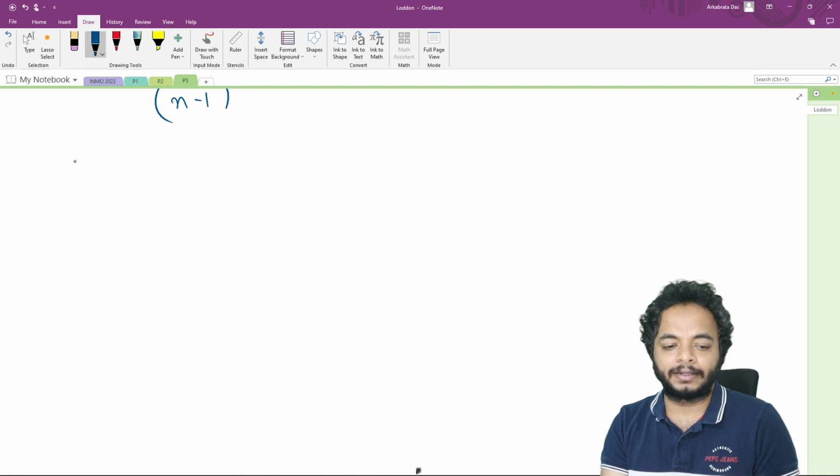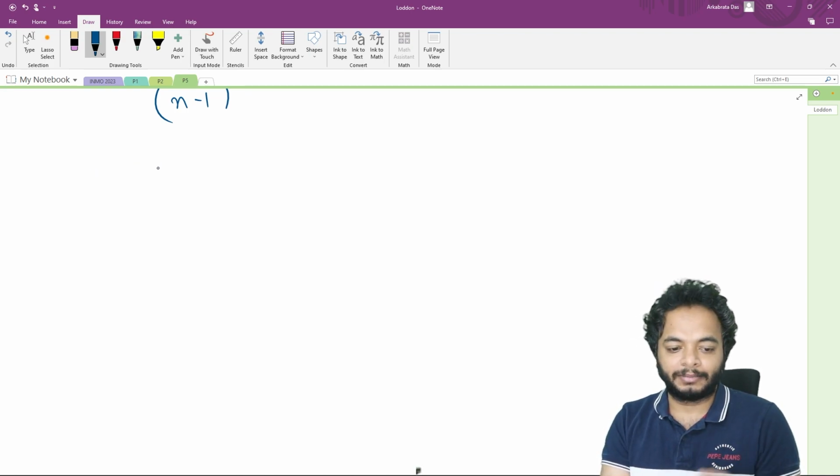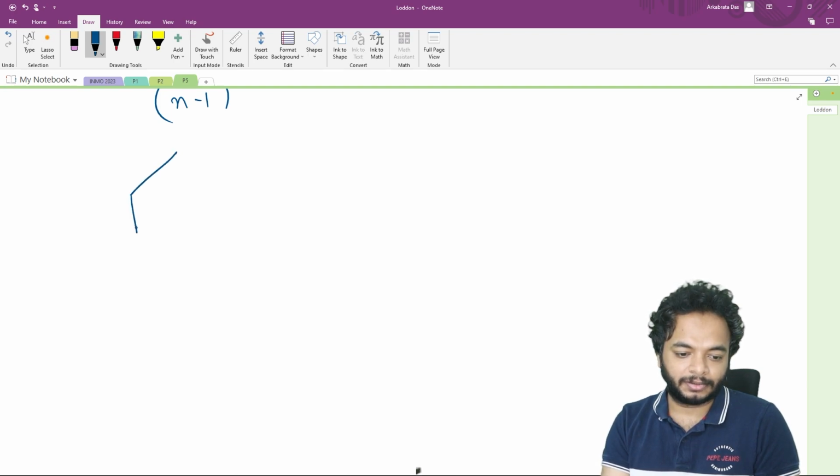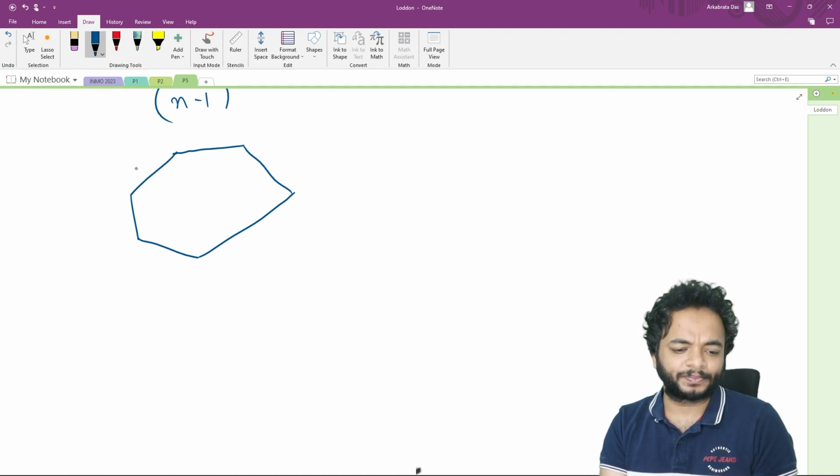Just think like this: the first side would have some distance, for which we got an even number.